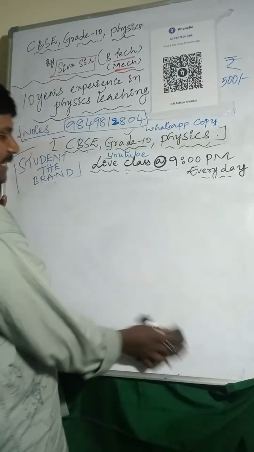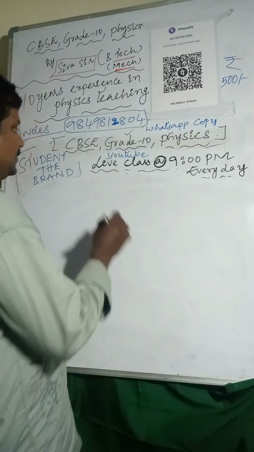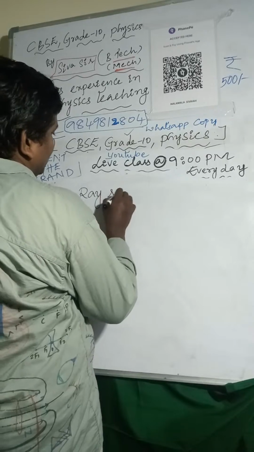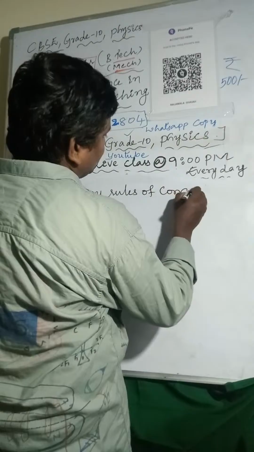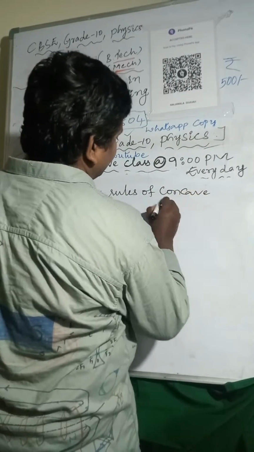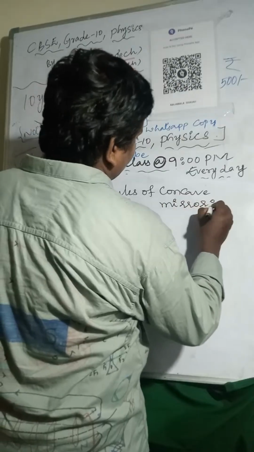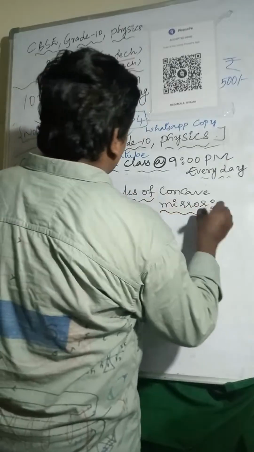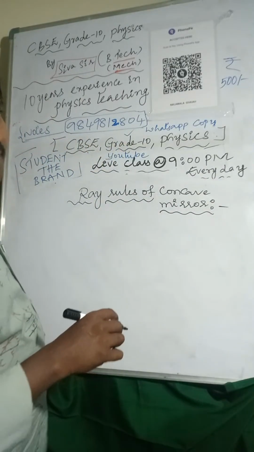So now you can see one more point: ray rules, the ray rules of concave mirror. So I'm considering here.